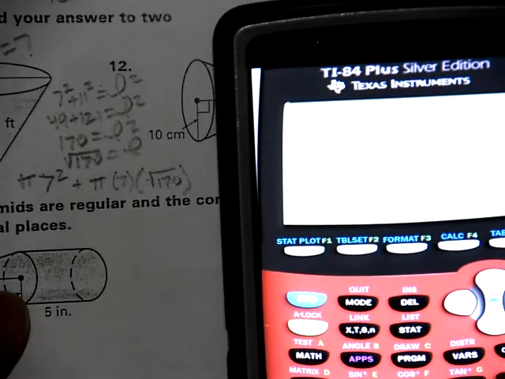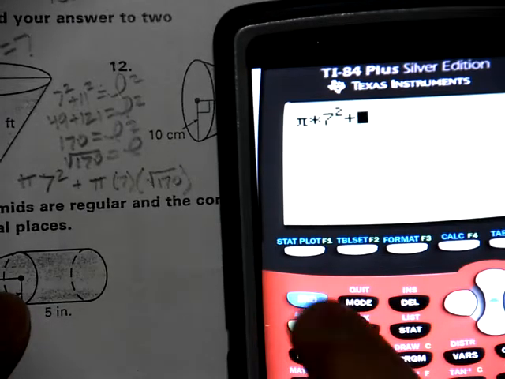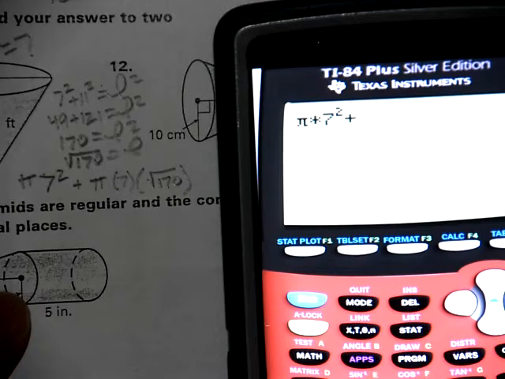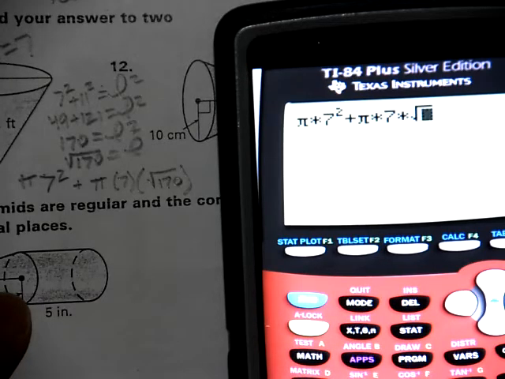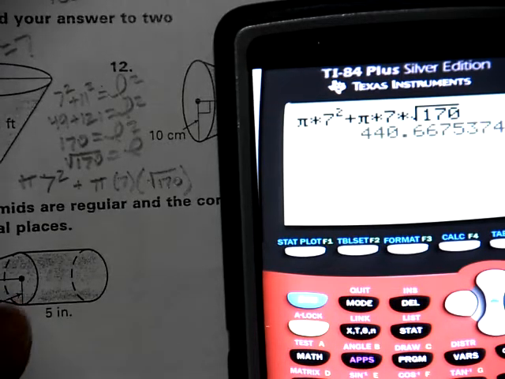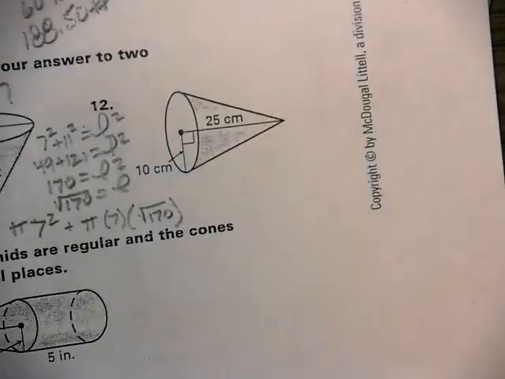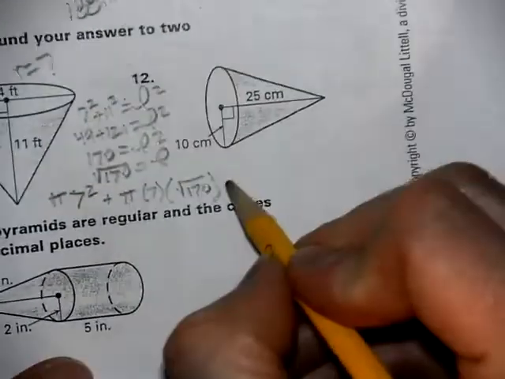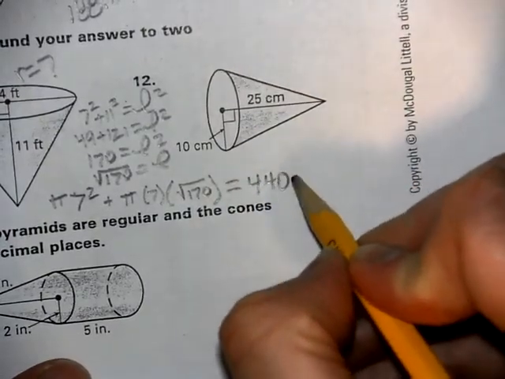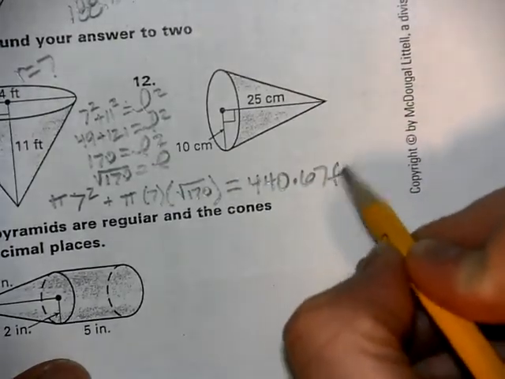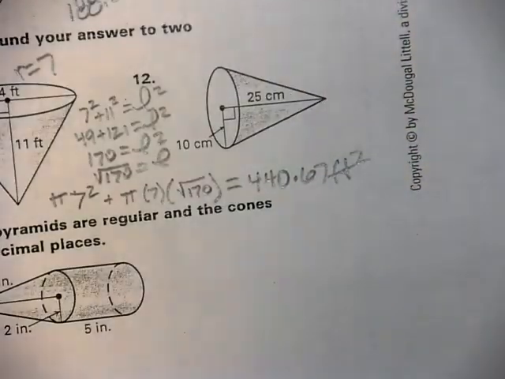So we'll say pi times 7 squared plus pi times 7 times the square root of 170. 440.67. Those are feet squared.